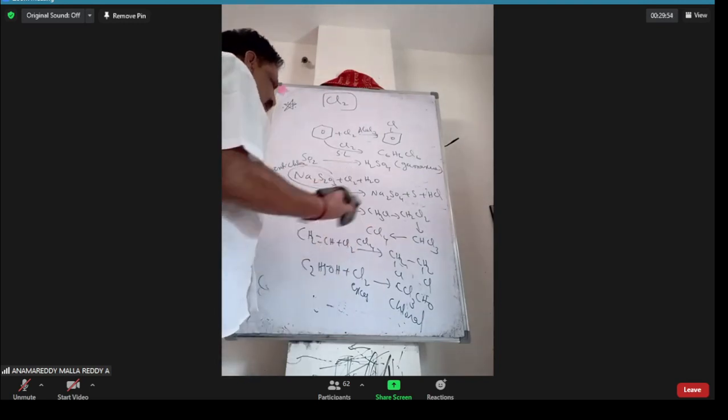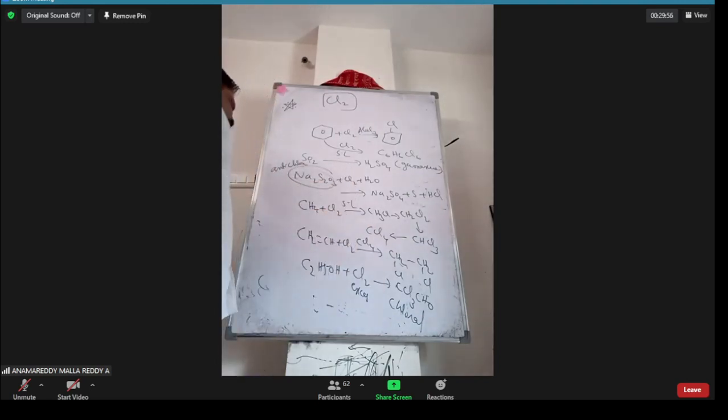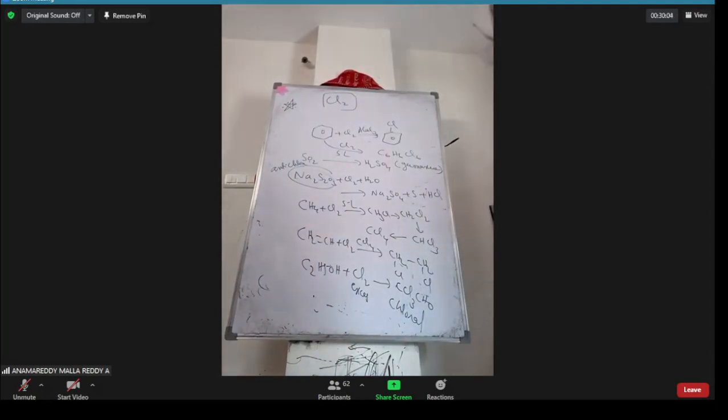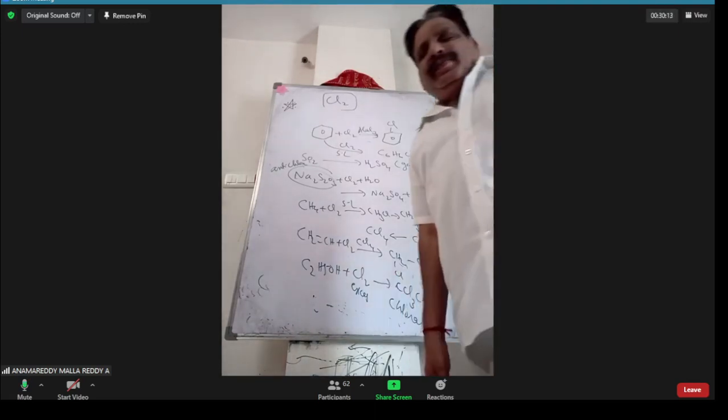In so many chemical reactions, chlorine is used. Generally it will be used only for ants, not for any insects, right? Yes, it can be used. Definitely. The reason is that chlorine has a pungent smell, right?